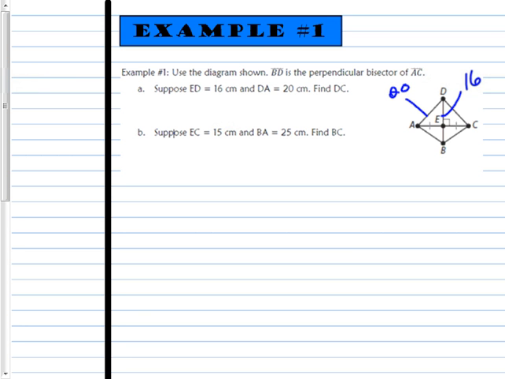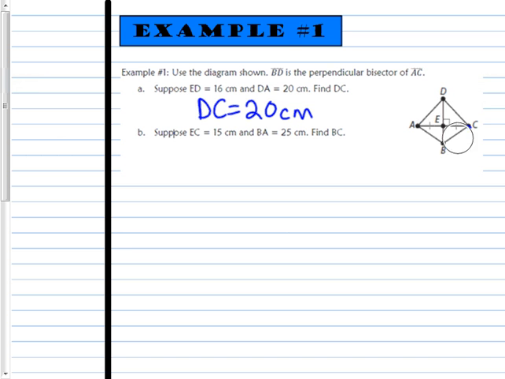Find DC. Well, this point right here is the same distance from A as this point is to C. So if from D to A it's 20, then D to C, it's also 20. So DC is 20 centimeters. We didn't even need to do any math. We didn't have to use the Pythagorean theorem. We used nothing except a little bit of logic in what we already knew.